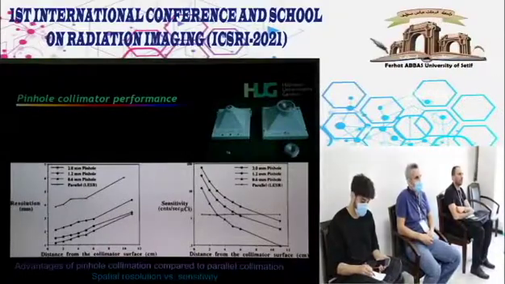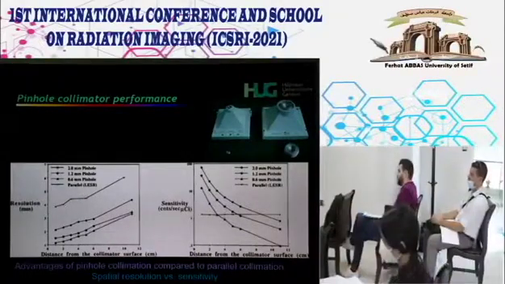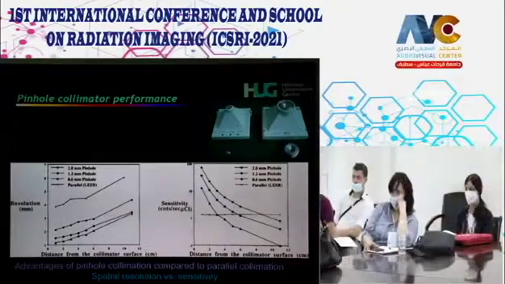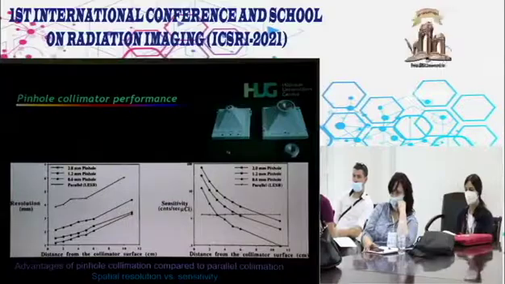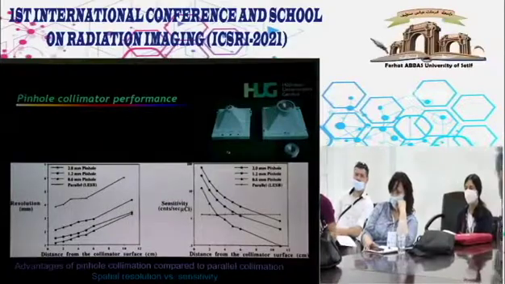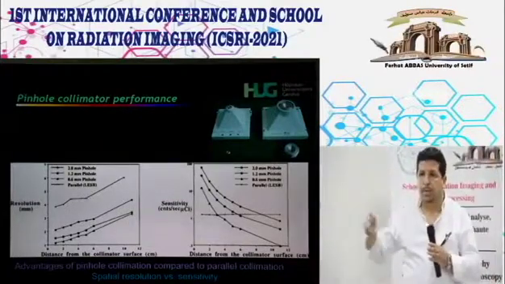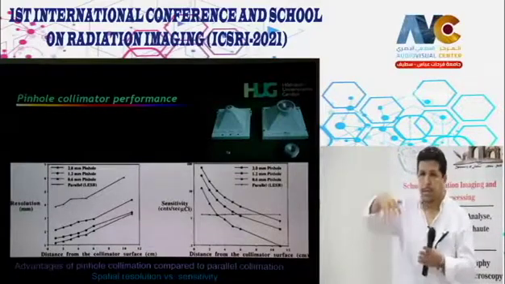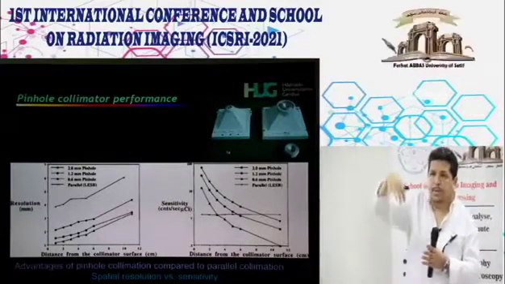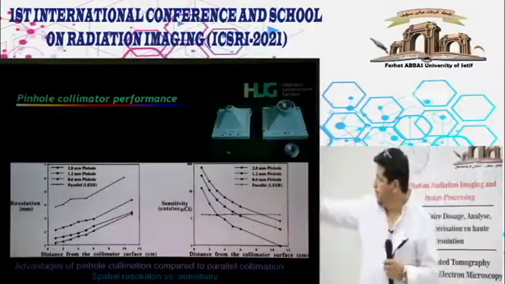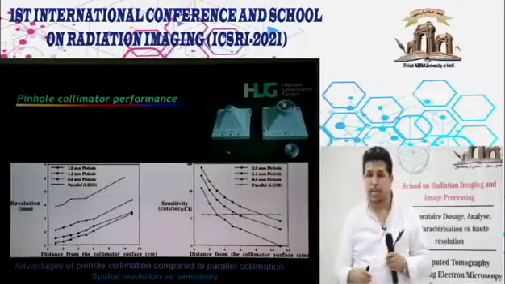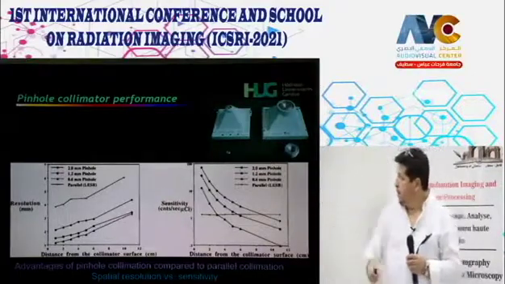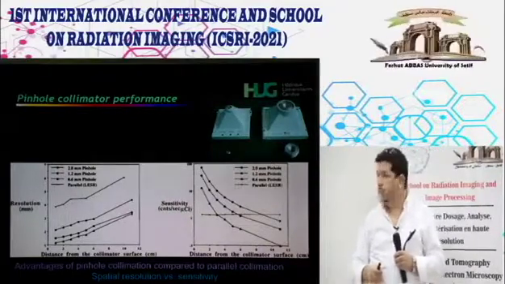You've got three diameters of the pinhole. The sensitivity of the planar collimator is not going to change with the distance, because the geometry is parallel. The spatial resolution, however, is going to degrade for the parallel collimator, and you've got the same trend for the other collimators as well.